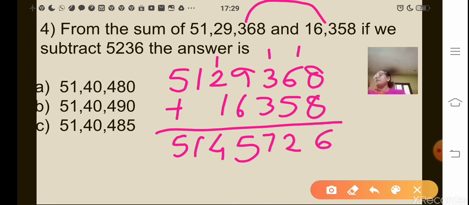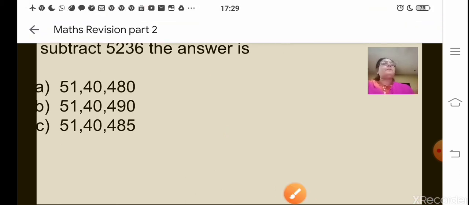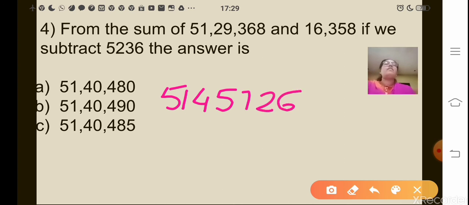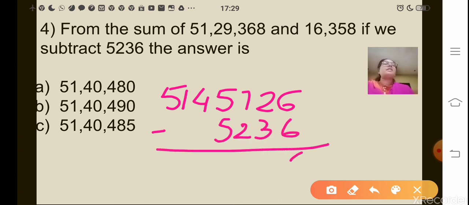That is 51,45,726. Now from this answer, we have to subtract 5,236. So what was the sum we got? That is 51,45,726. From this answer we will subtract 5,236. Now 6 minus 6 is 0. 3 cannot be subtracted from 2, so you'll borrow from here. This will become 6.